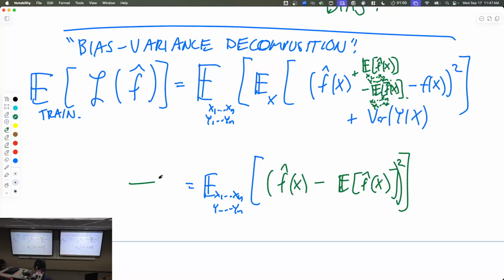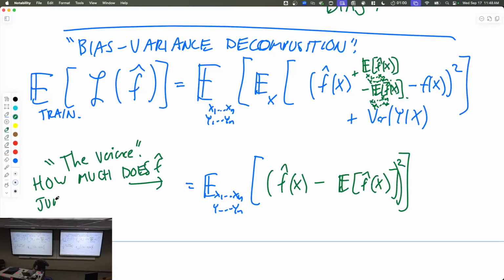This is what people call the variance, right? So f hat is sometimes larger than its mean, f hat is sometimes smaller than its mean. If it's jumping up and down all over the place, then how far away it is when you square it will be a large number. That's what we will call the variance. And I think you should think of this as how much it jumps. How much does f hat jump around?